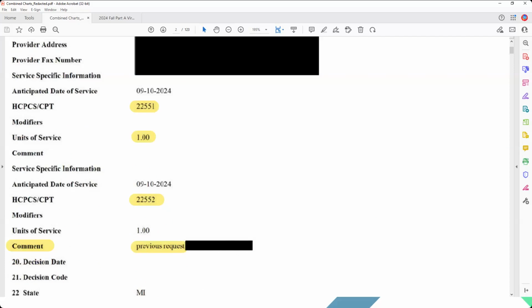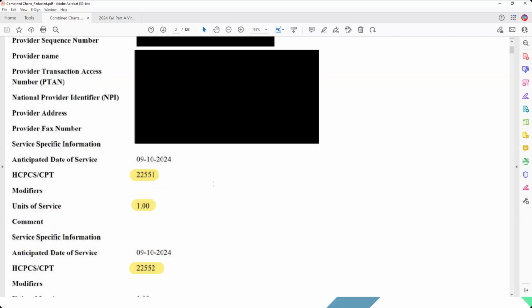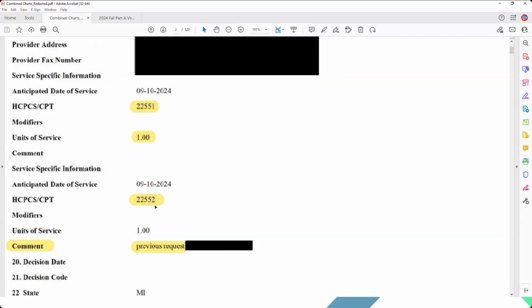One thing we highly encourage you to do in your request letter that's going to benefit you as a provider: use these comment sections to tell us where you plan on doing the surgery. Give us the cervical levels in which you plan to do these. If there are modifiers that you anticipate billing, make sure you put those modifiers in here as well.